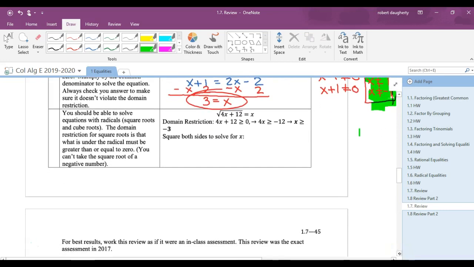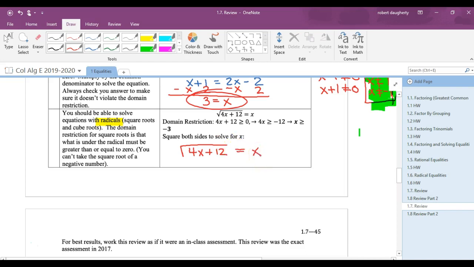Now, from there, we moved on to things that had radicals. So square roots, cube roots, and things like that. Now, the key here is you want to isolate the expression that has the square root. So here I've got the square root of 4x plus 12, equal x.